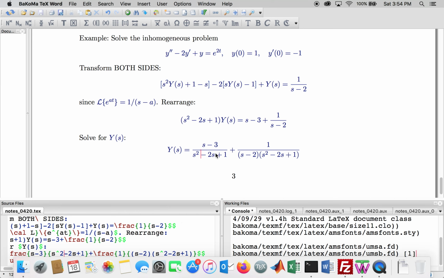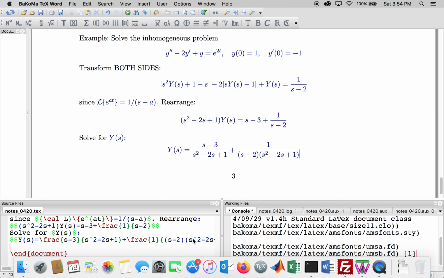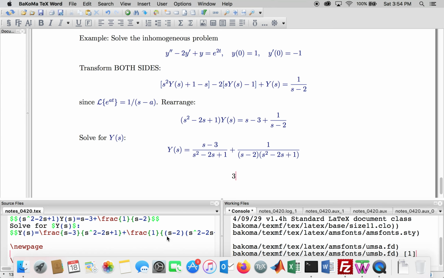Now, as far as inverse transforming, of course, the first thing I want to do is look for a factorization of this quadratic, s squared minus 2s plus 1. This is actually a perfect square. Again, I'll continue this onto a new page. Excuse me.